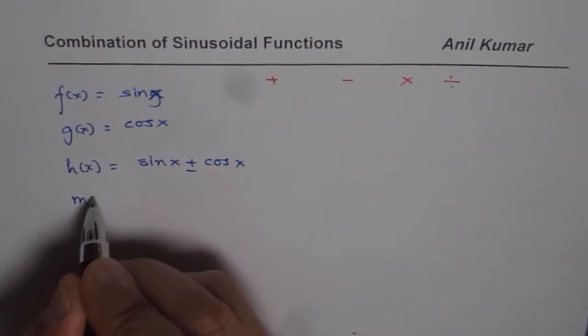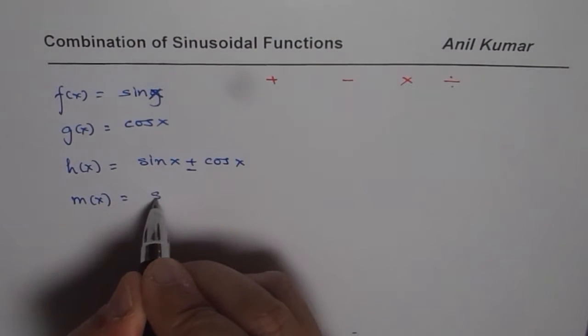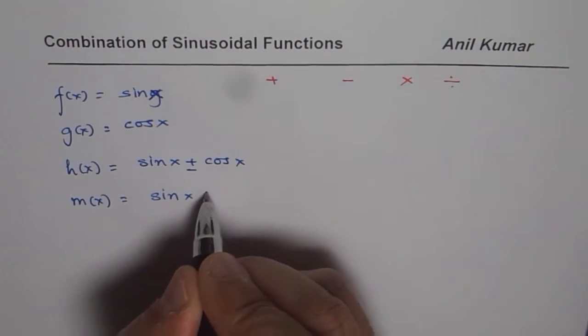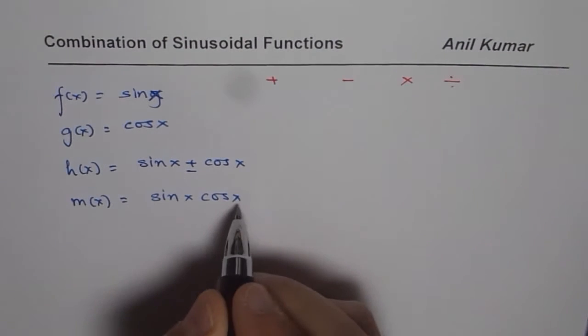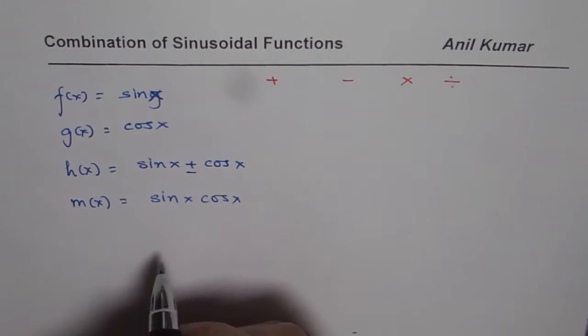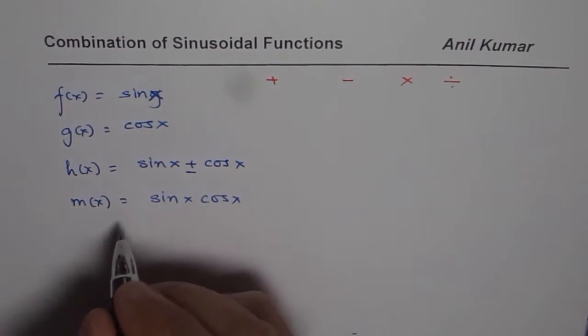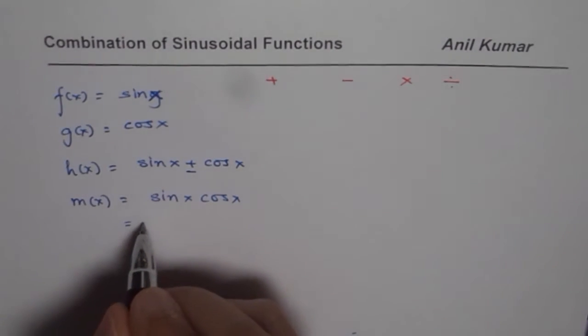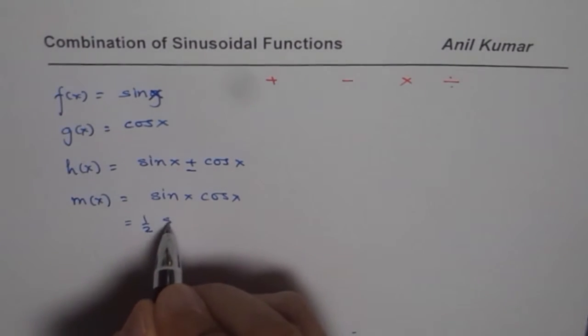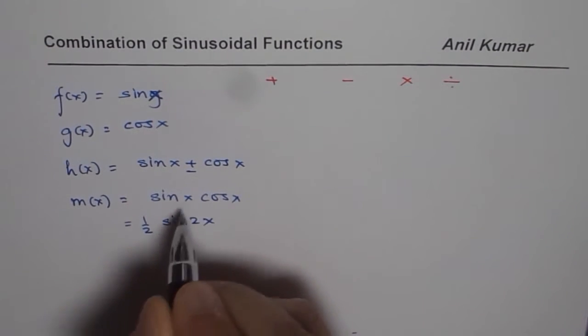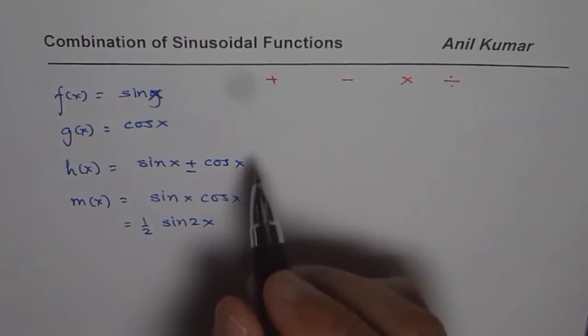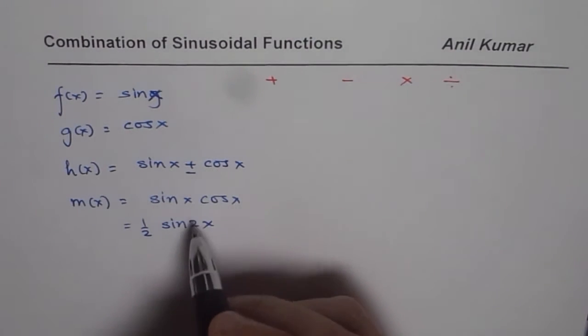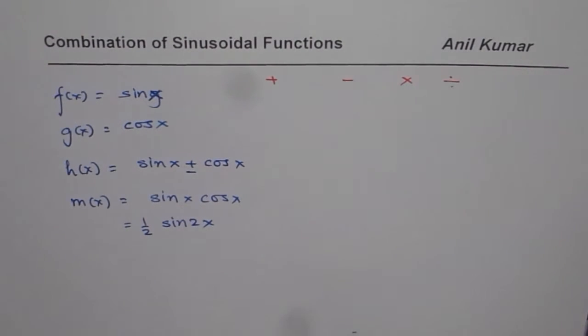But if we multiply these functions, sine x times cosine x, then also we get a sinusoidal function, because this function could be written as half of sine 2x, right? So addition, subtraction, and multiplication will give you sinusoidal functions.